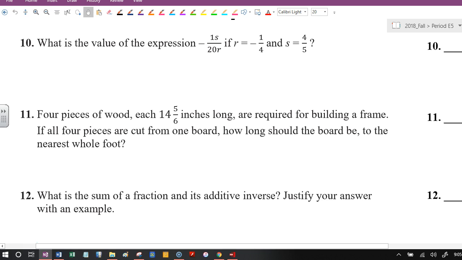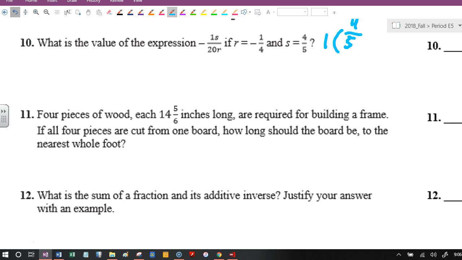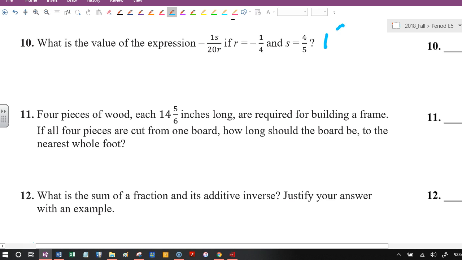All right? So help me out, Mr. IDC. First, for the numerator, we want to put 1 times 4/5. Good. Let me write that a little higher. Sorry. 1 times 4/5. And then for the denominator, we want to write 20 times negative 1/4.